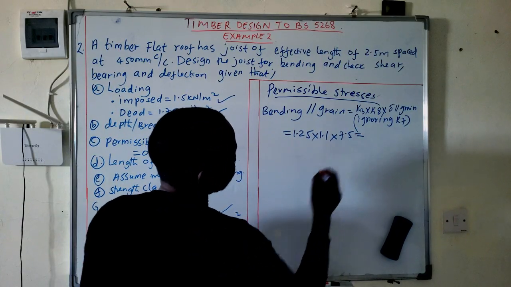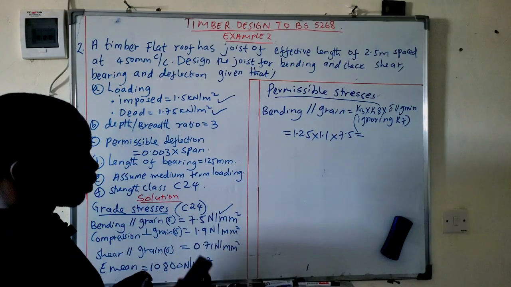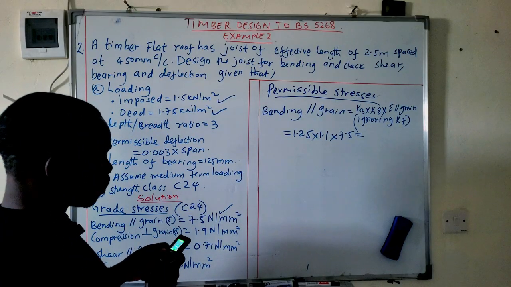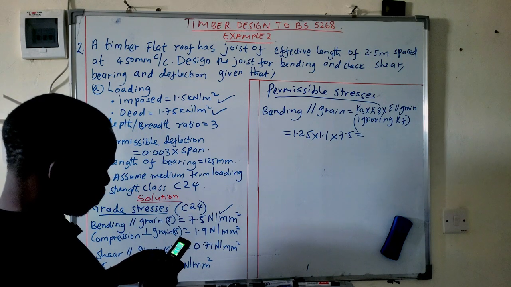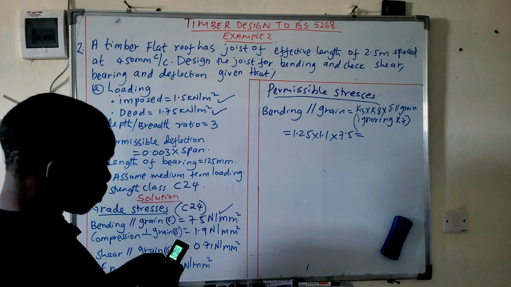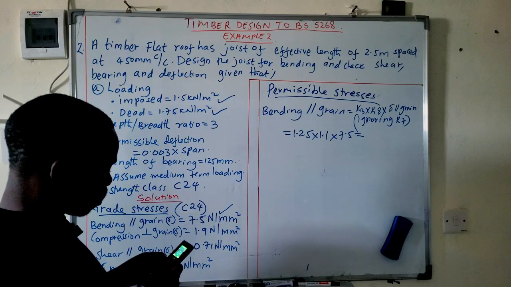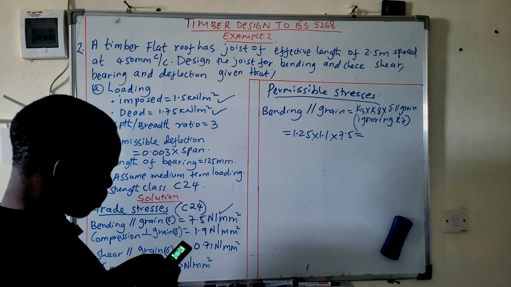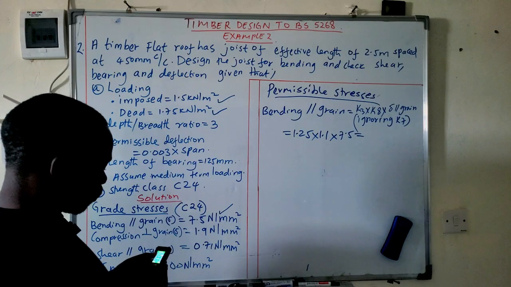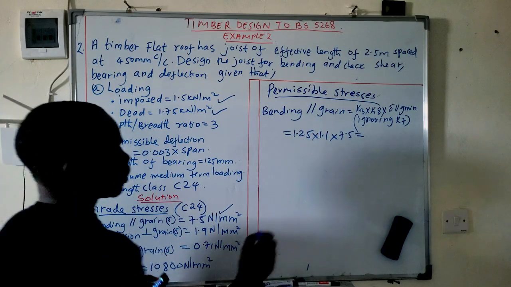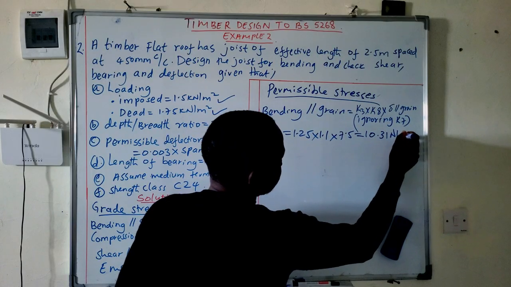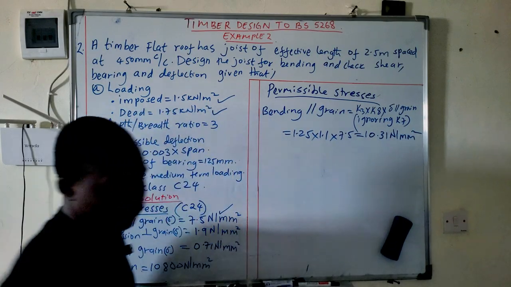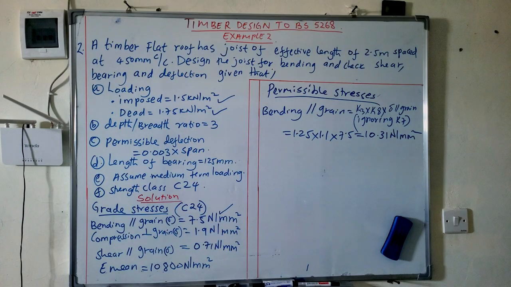So the answer is 10.31 Newton per millimeter square. So that is the permissible stress in bending parallel to grain.